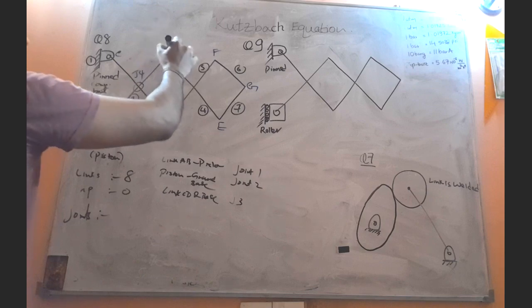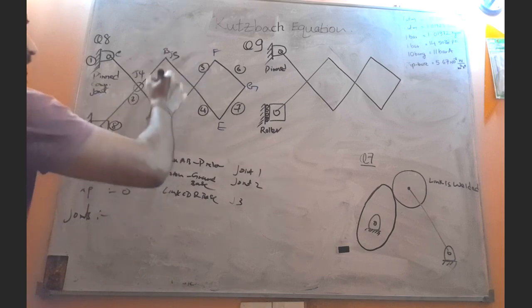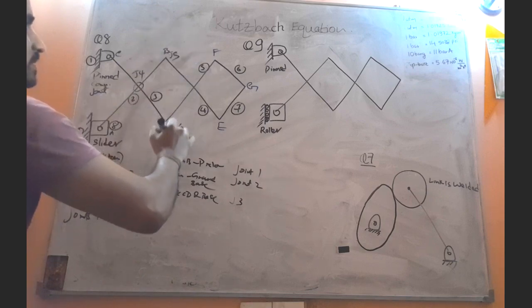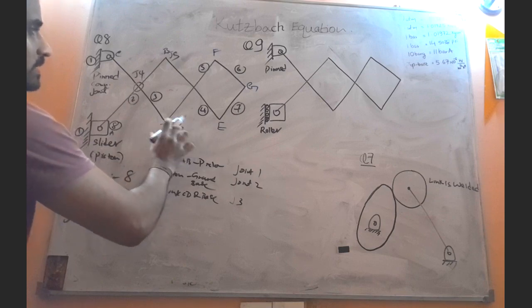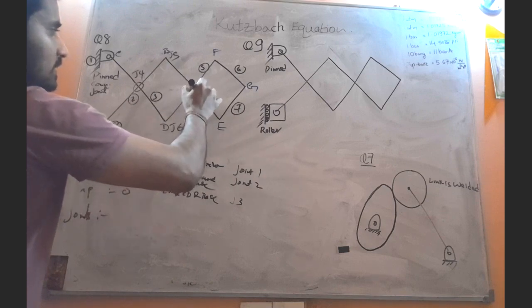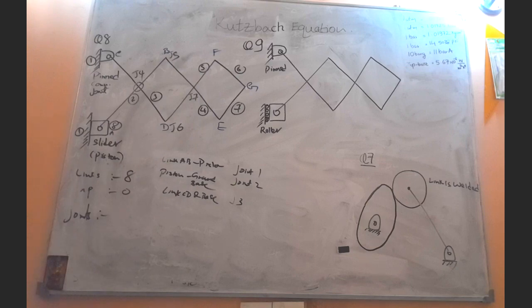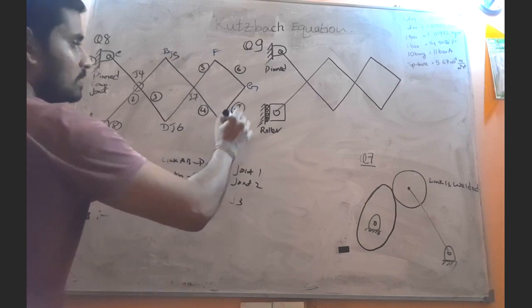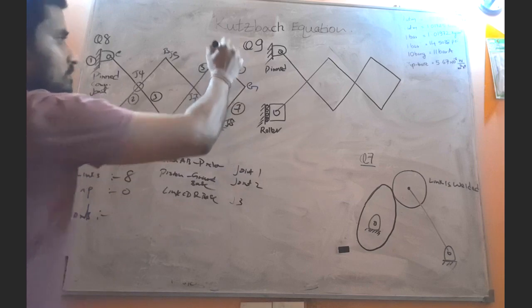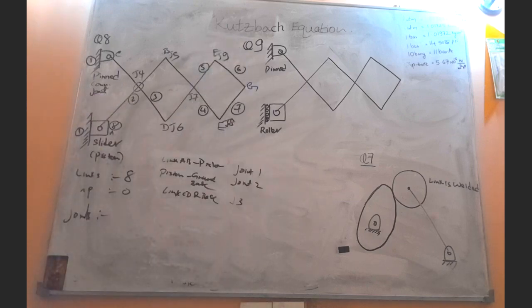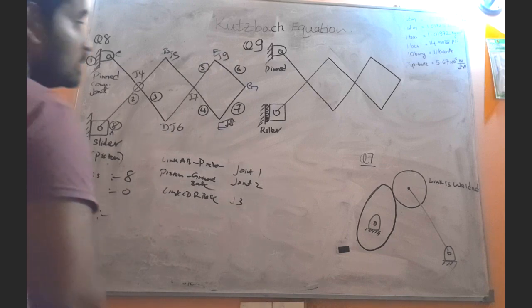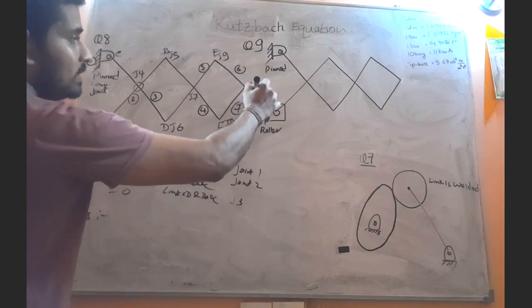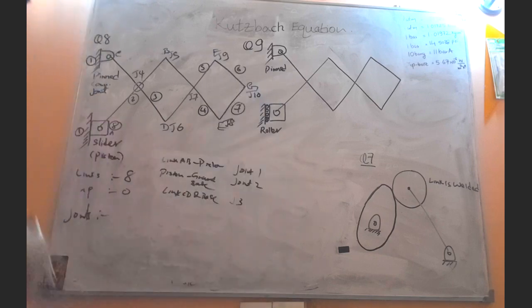Fifth joint, J5. Sixth joint, J6. Then seventh joint, J7. Then eighth joint, J8. Ninth joint, J9. Then 10th joint, J10 here.